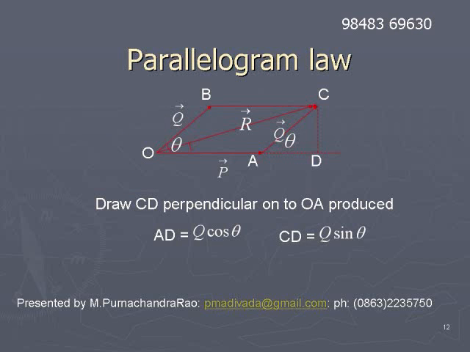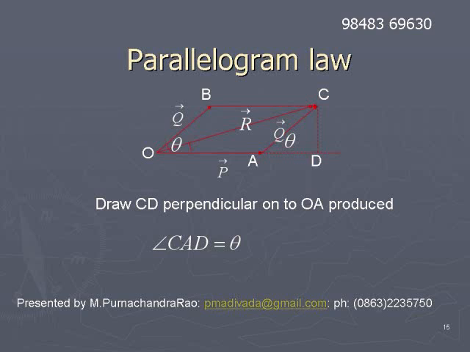For this purpose, let us drop a perpendicular CD onto OA produced. Then angle CAD becomes equal to theta, where theta is the angle between OA and OB, that is, the angle between the two vectors p bar and q bar.